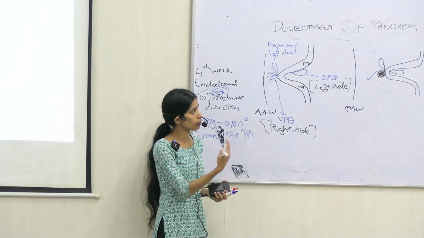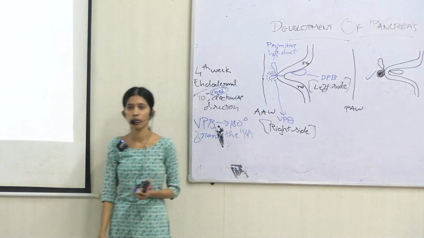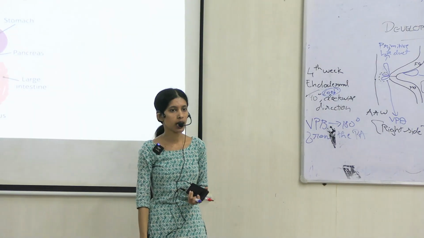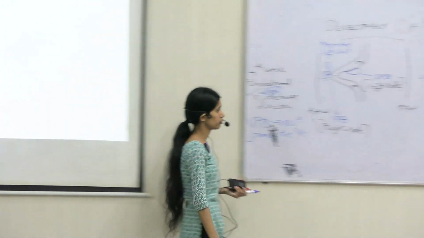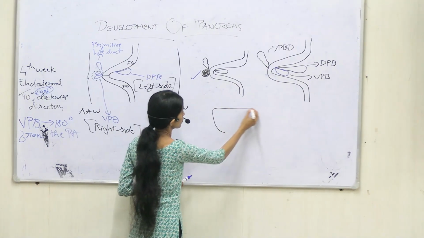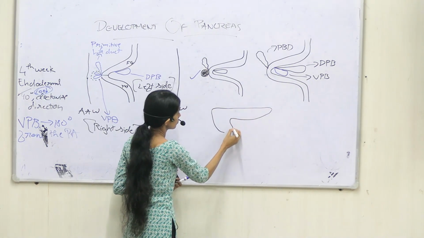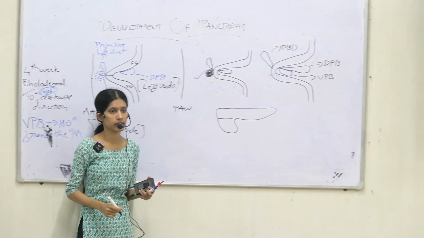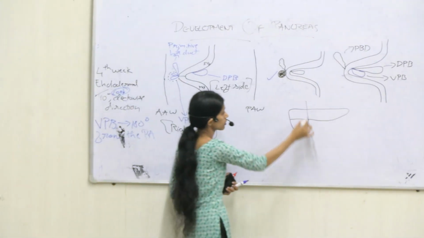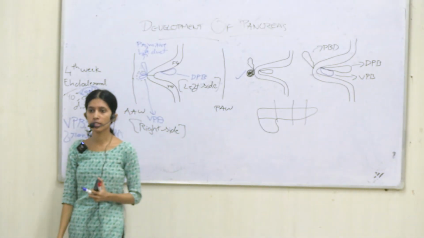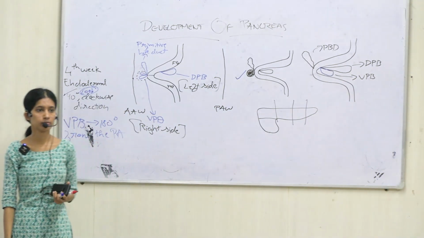Now the ventral pancreatic bud and the dorsal pancreatic bud fuse to develop into your adult pancreas. This is the structure of the pancreas, right? So what are the parts of the pancreas?